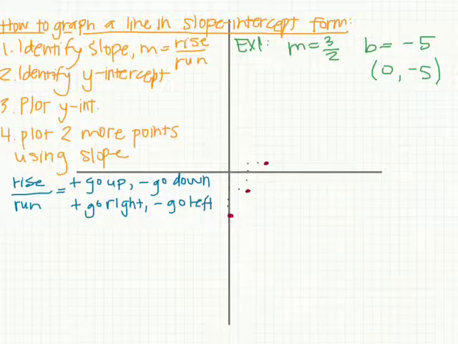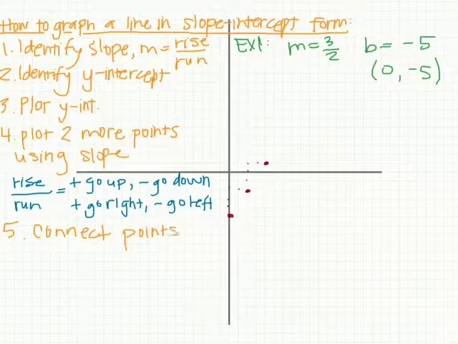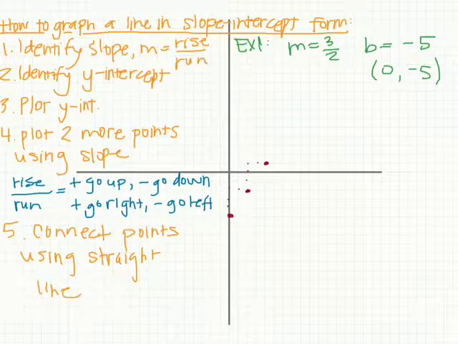Now, our fifth and final step is to connect the points using a straight line. This is a linear equation, and linear means line, so they are going to increase with a constant rate.